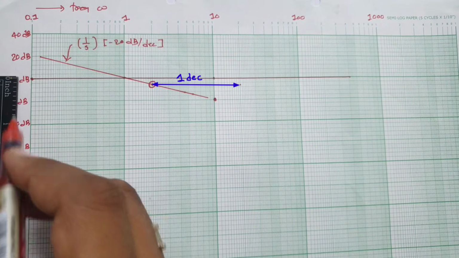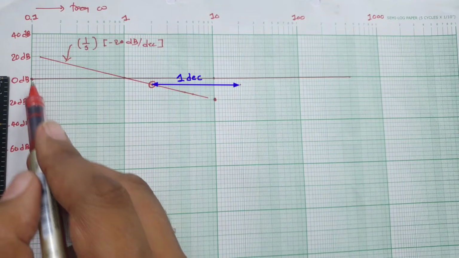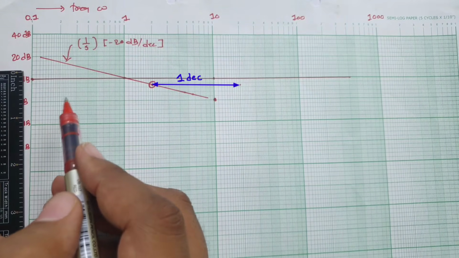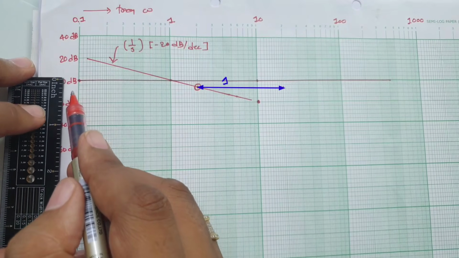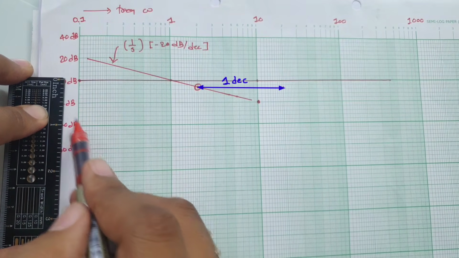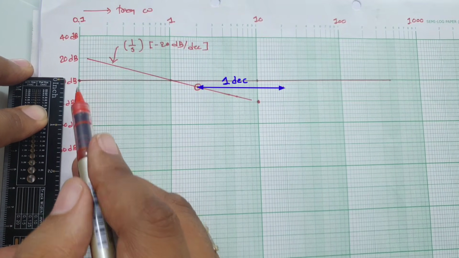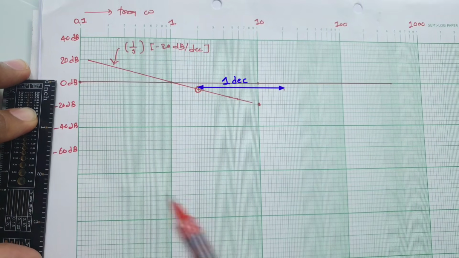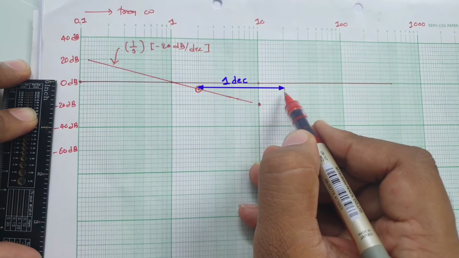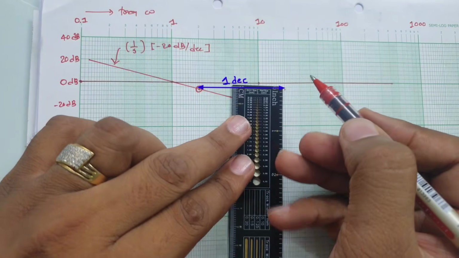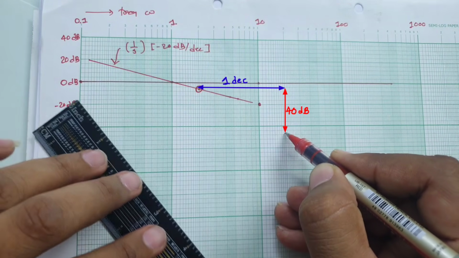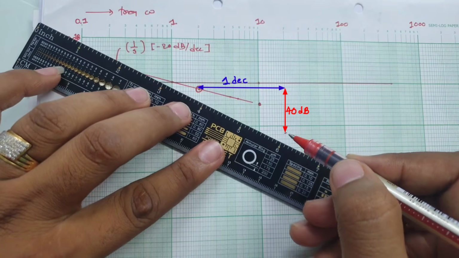You see here to here there is 1 inch, and 1 inch is equal to 40 dB, right? So here 1 to 1 there is 1 decade, and 1 decade to 1 inch there is 40 dB.